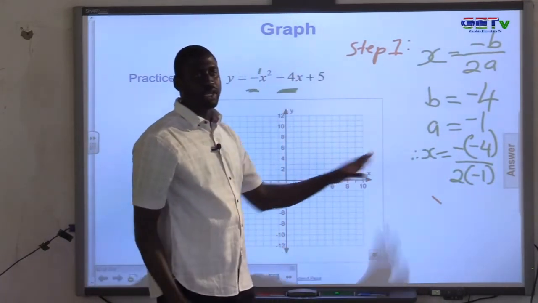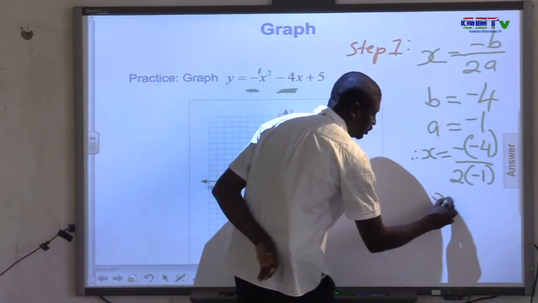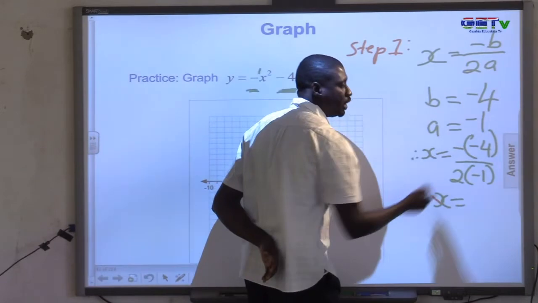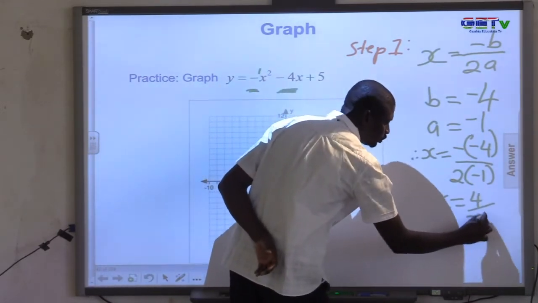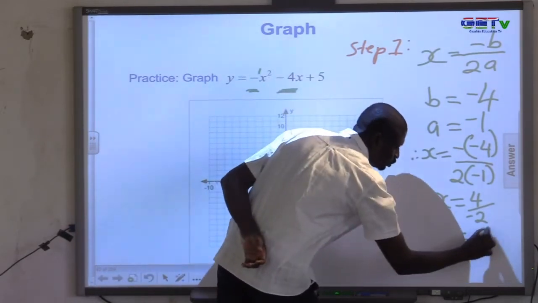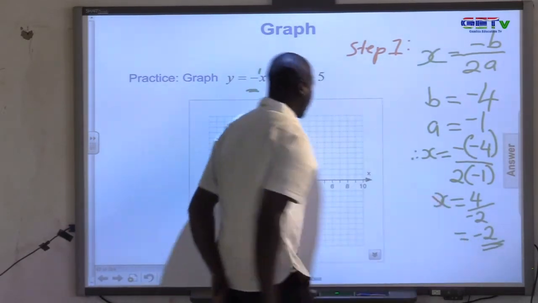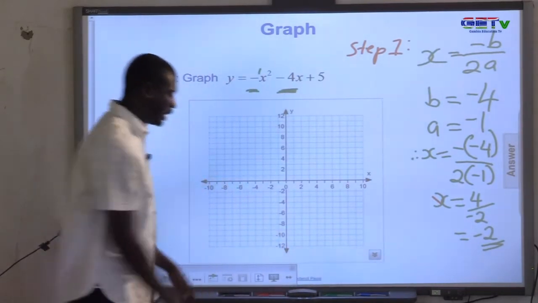We simplify, we get our line of symmetry. So x is equal to negative, negative is positive, 4 all over negative 2, which will give us minus 2. So our line of symmetry is negative 2 on the x-axis.